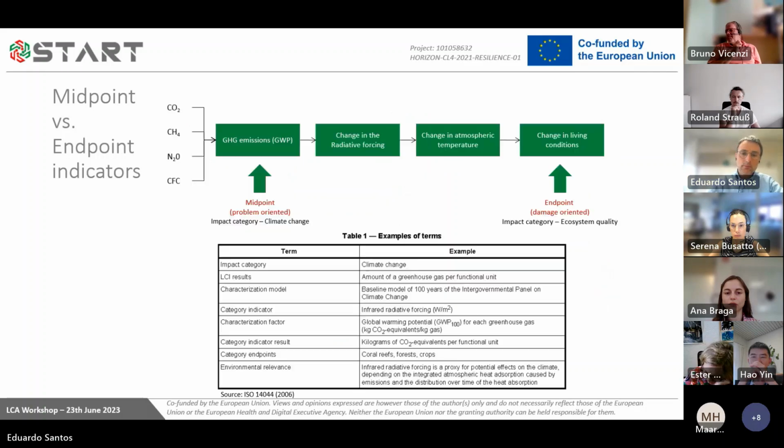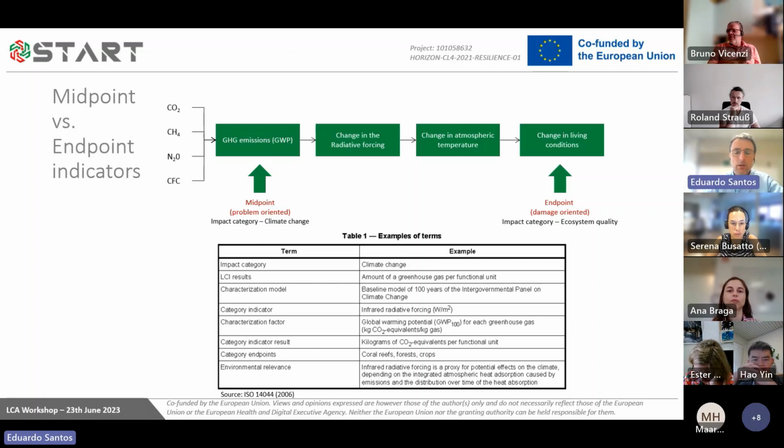Very briefly, we have, for instance, CO2, CH4, N2O, CFC, other gases that have a greenhouse effect, and we have emissions of those, and every emission can be accounted, and they would contribute to the problem-oriented category of climate change.